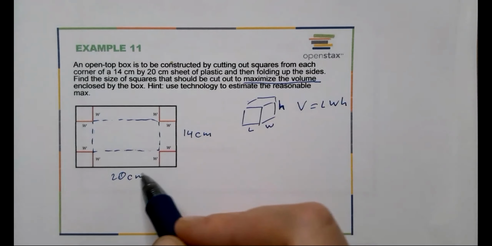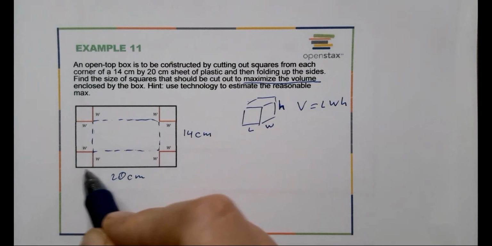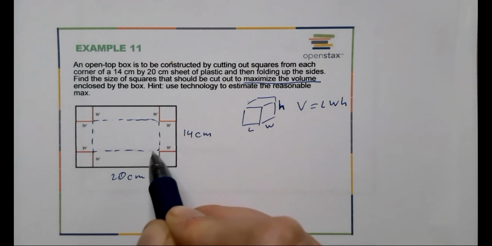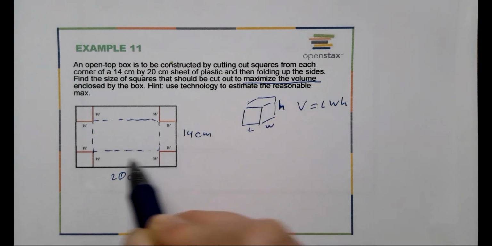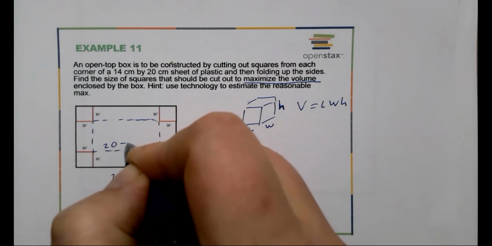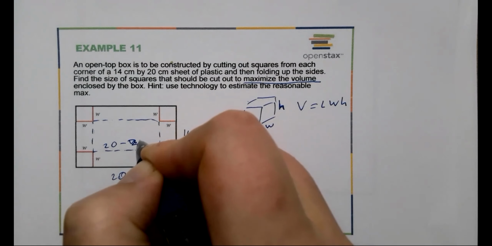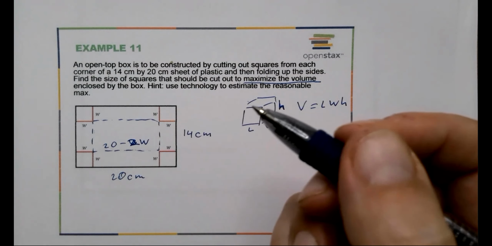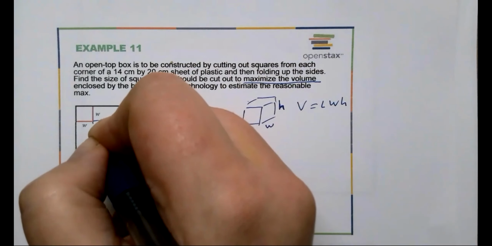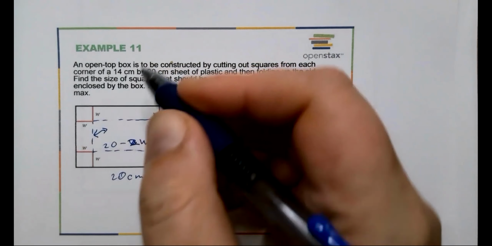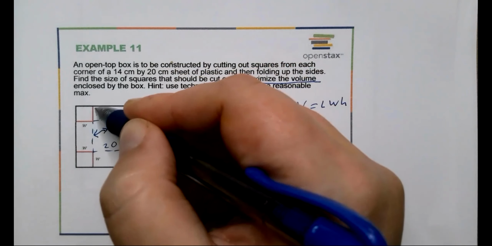Since this whole side is 20 centimeters, how long is this side? Well, since we cut the W's out, we have 20 minus 2W left for the length. For the width, again, the full width was 14.